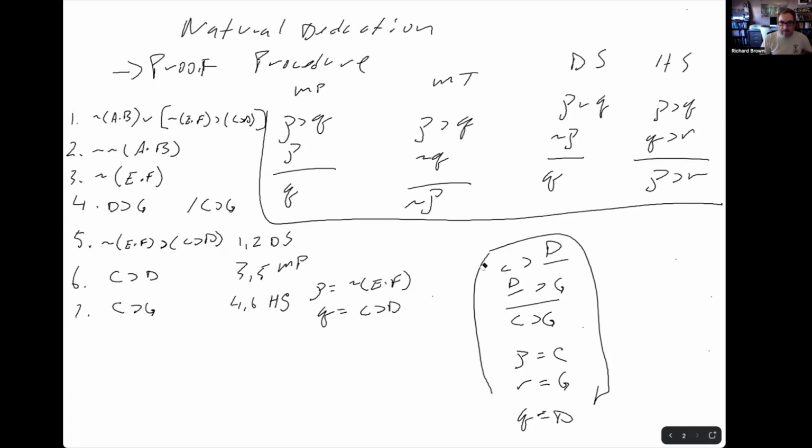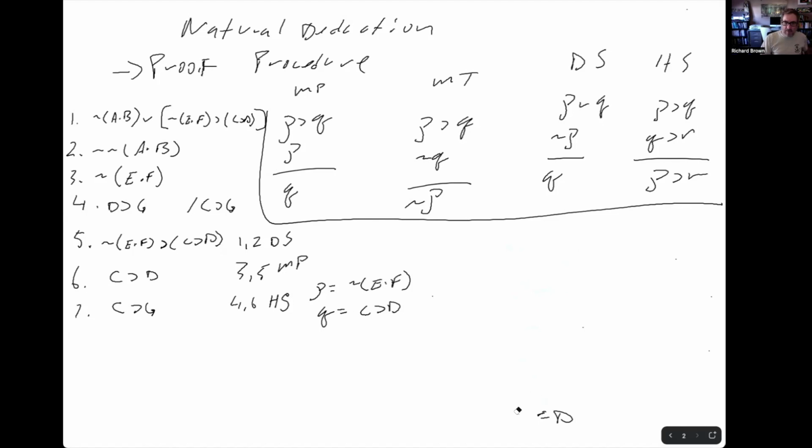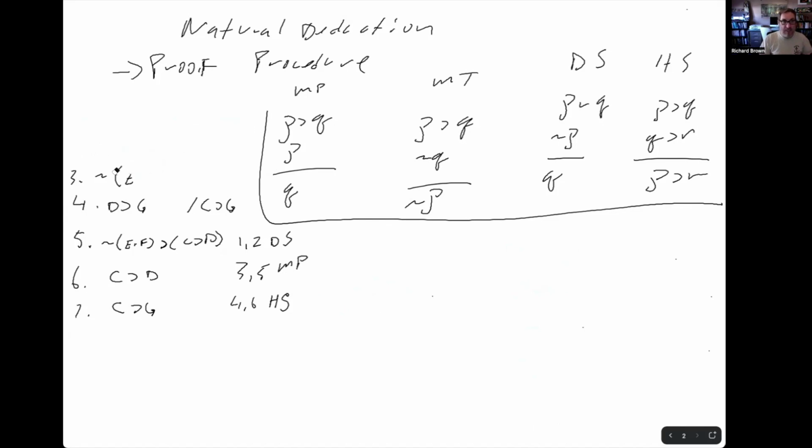So what we're developing here is kind of like a word puzzle, a Sudoku, or some kind of game where you're given some moves that you can make, and then you're given a starting position, and the question becomes, can you get from the starting position to the desired results, which is the conclusion, by only using applications of these rules?